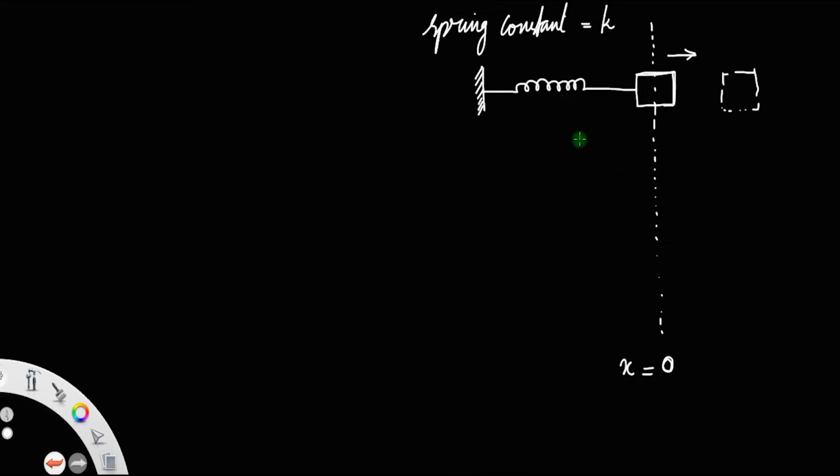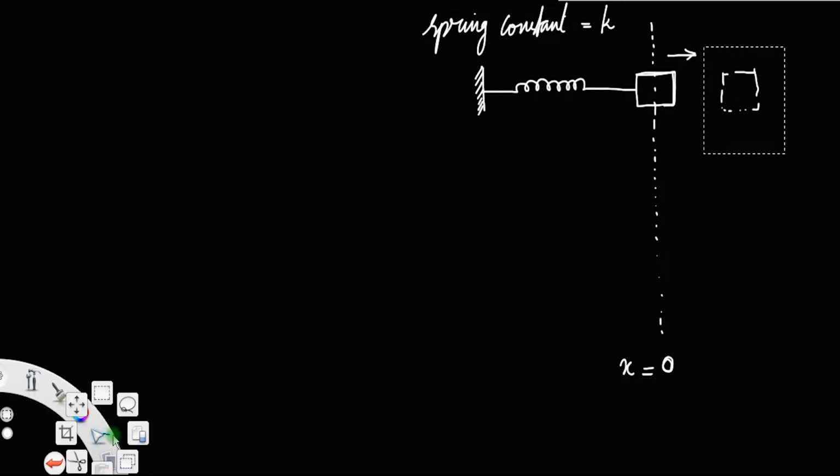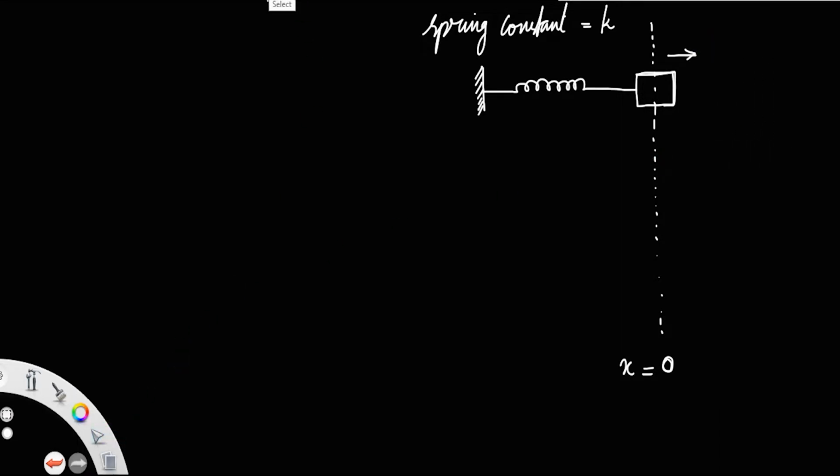So the two different positions of the mass are one at the extreme right and the other at the extreme left. Let's draw that. The spring will be stretched here, so there will be an elongation in this spring, and the mass will be somewhere here.